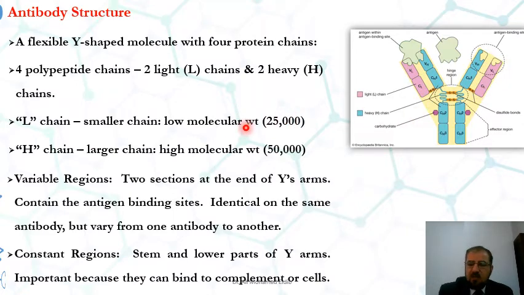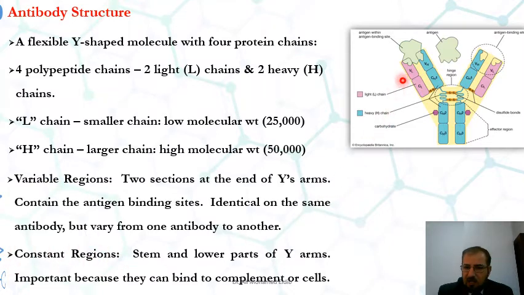They are composed of about 25,000 Daltons, while the H chains are the large chains containing a higher molecular weight, about 50,000 Daltons. The antibody contains a variable region and a constant region.